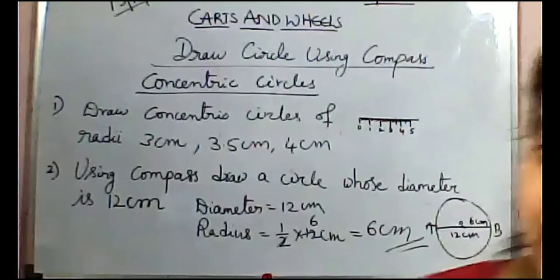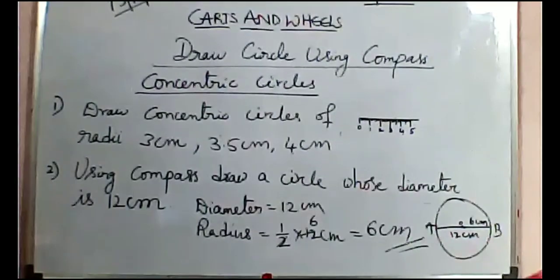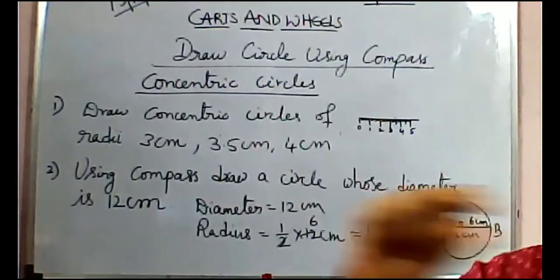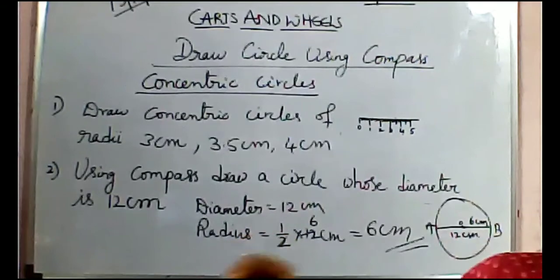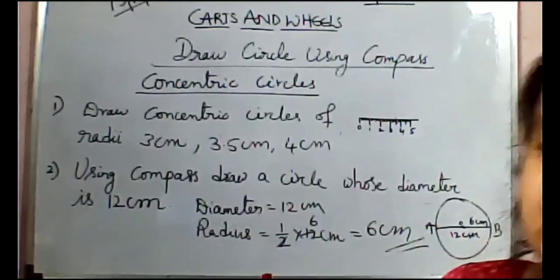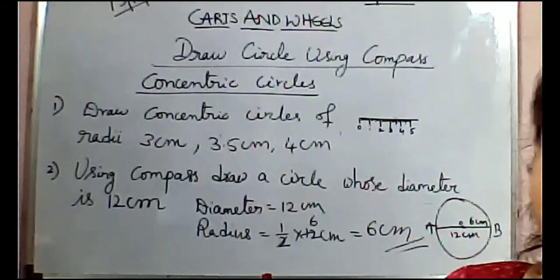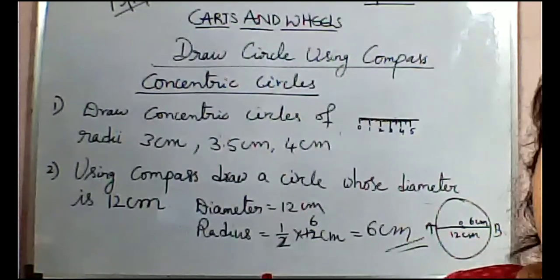At 12 centimeters, you have to draw the diameter there. Okay, 6 centimeters radius is okay. But for 12 centimeters, you have to draw the diameter, full line. From A to B, it is the diameter. The line segment which passes through the center is called the diameter. So we have to draw the full line, 12 centimeters.